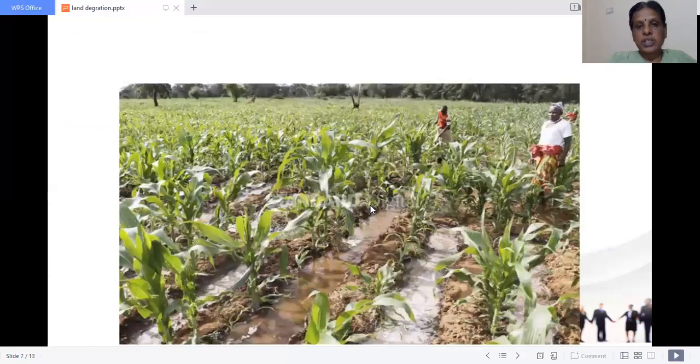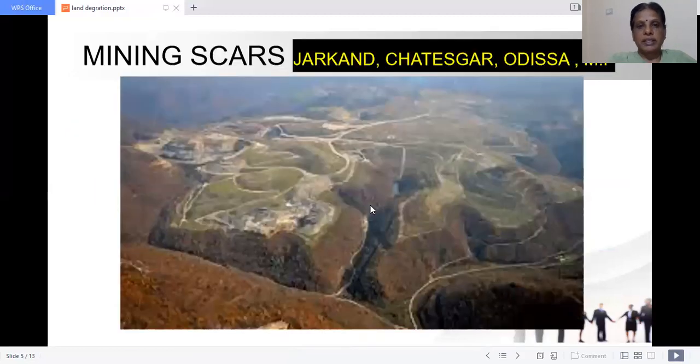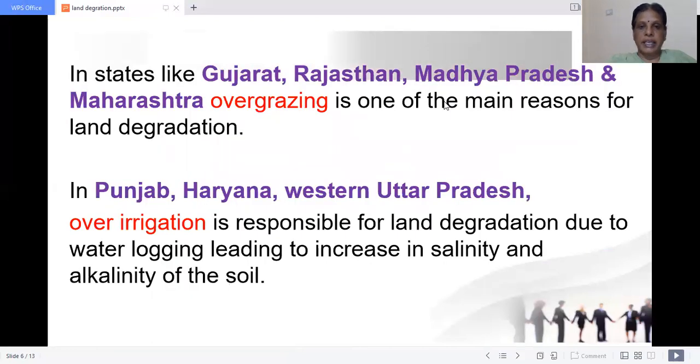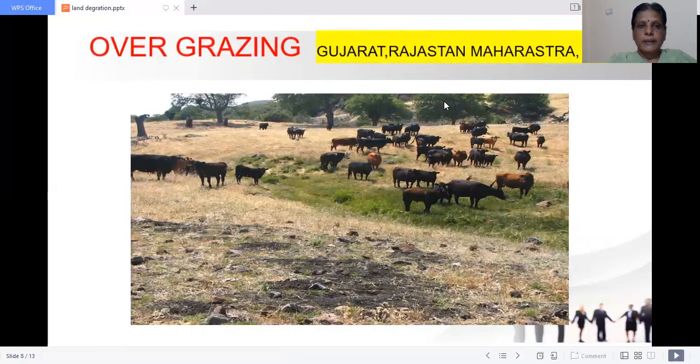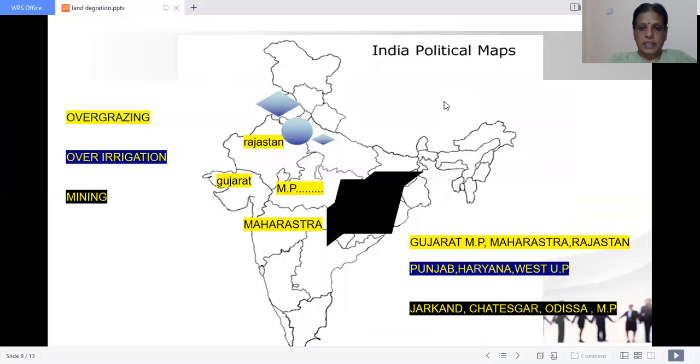Again, you can see the pictures. It will be in your mind. Mining scars in Jharkhand, Chhattisgarh, Odisha, eastern side. Over irrigation, Punjab, Haryana, western Uttar Pradesh. Overgrazing, Gujarat, Rajasthan, Maharashtra, Madhya Pradesh. Clear, children? Is it easy to remember?